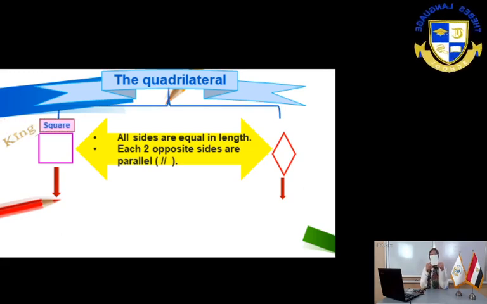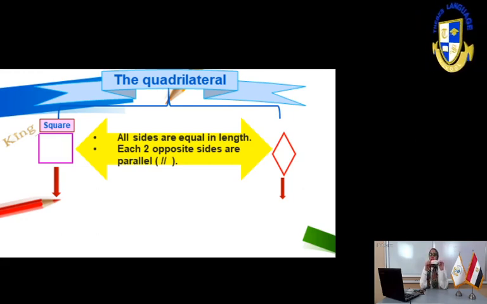Okay. Then, what about the diagonal? We said before the diagonal is the line which joins 2 non-consecutive vertices. So, the square has 2 diagonals. Okay. What is the property of these diagonals?